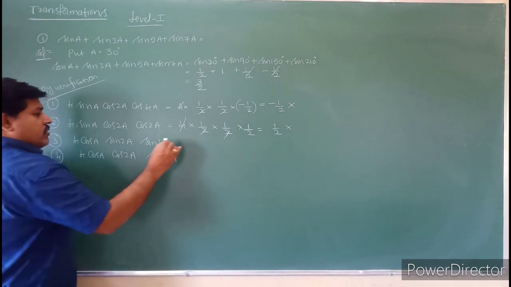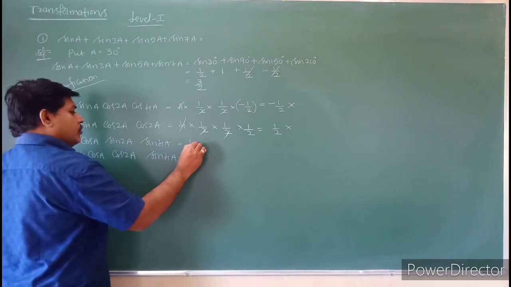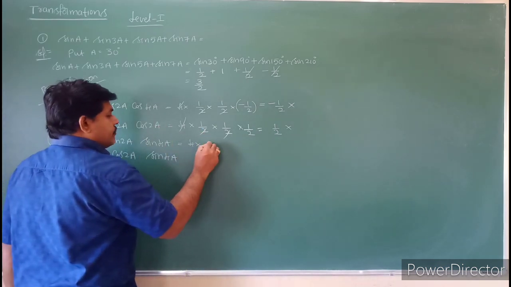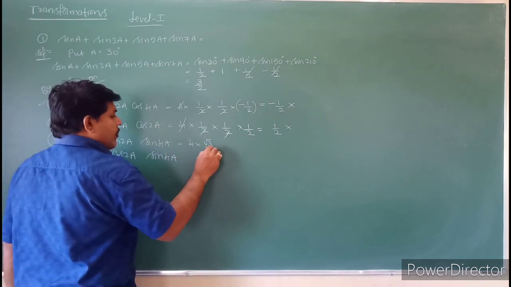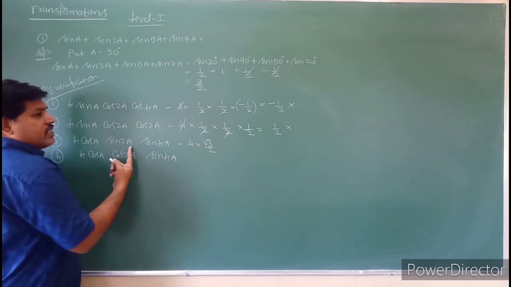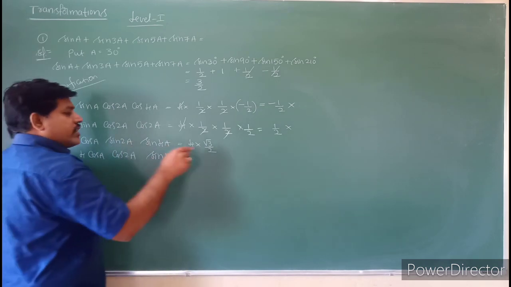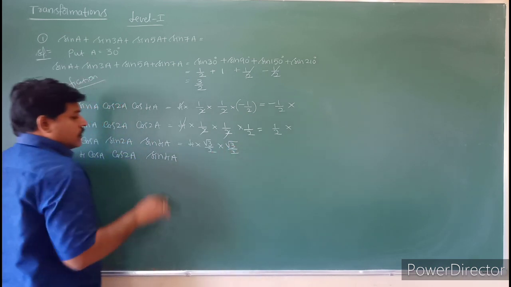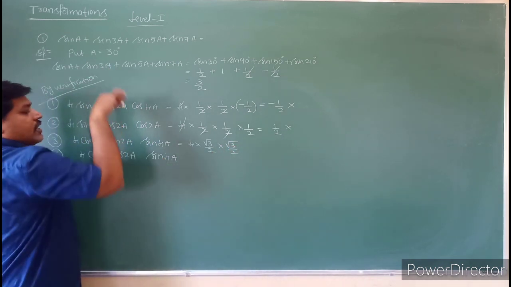What is this? This is equal to 4 into cos A, cos 30. Cos 30 is root 3 by 2. Sin 60 is nothing but root 3 by 2. Sin 4 into 30, that is 120.